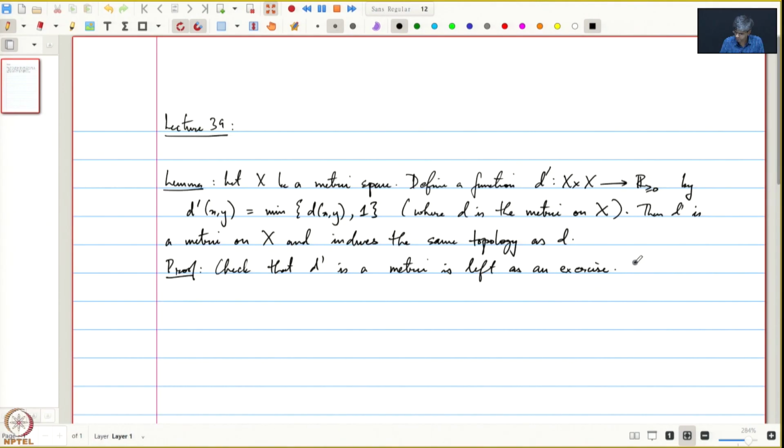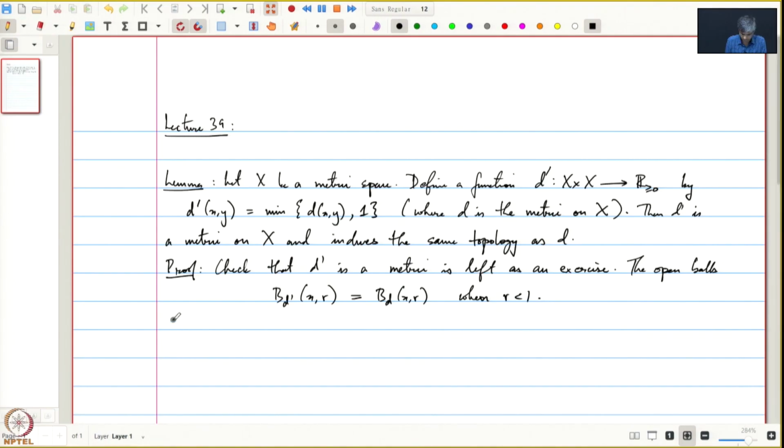The open balls B_d' of x comma r are the same as B_d of x comma r. The open balls are the same when r is strictly less than 1, right?